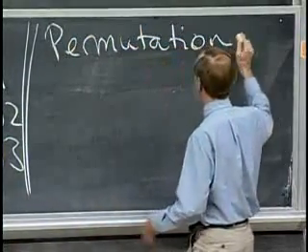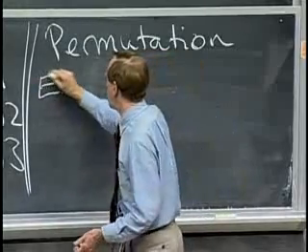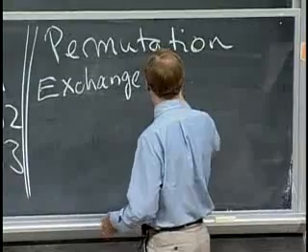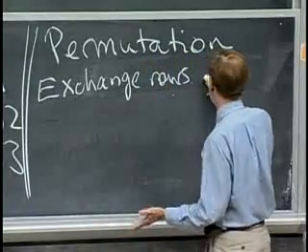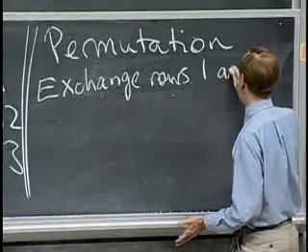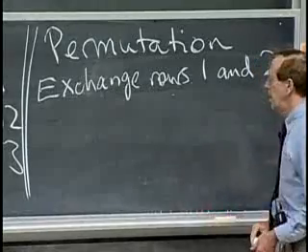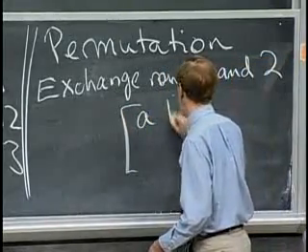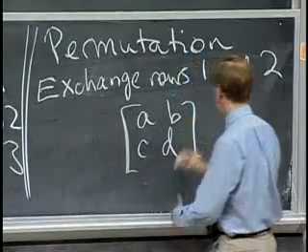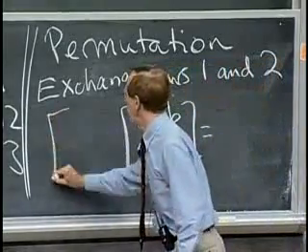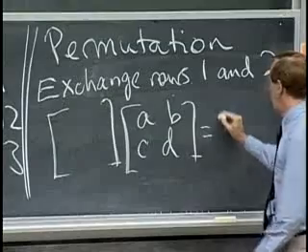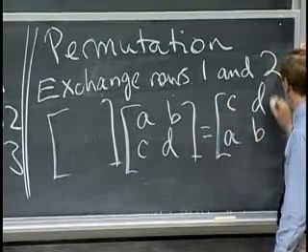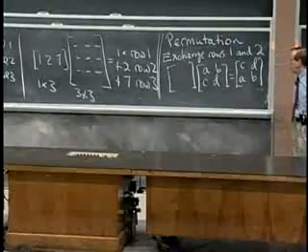Or in fact, this one exchanges rows. Shall I exchange rows 1 and 2 just to make life easy? So if I had my matrix, let me just do 2 by 2, A, B, C, D. Suppose I want to find the matrix that exchanges those rows. What is it?